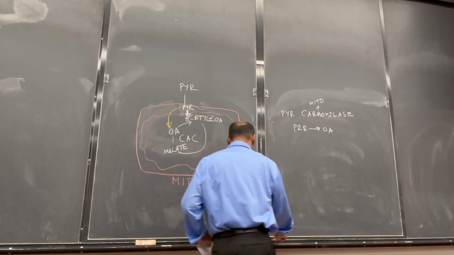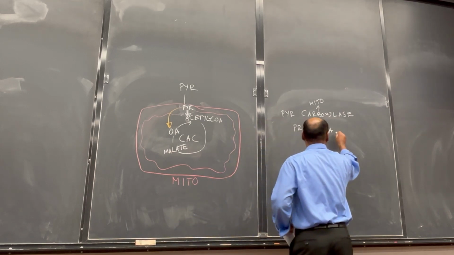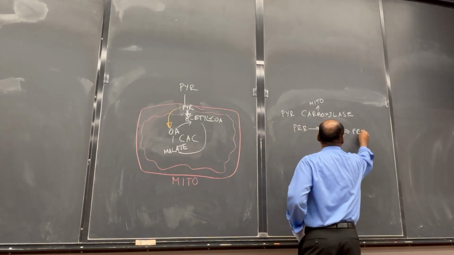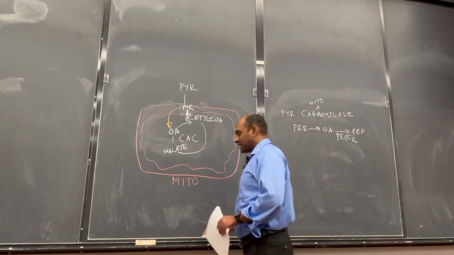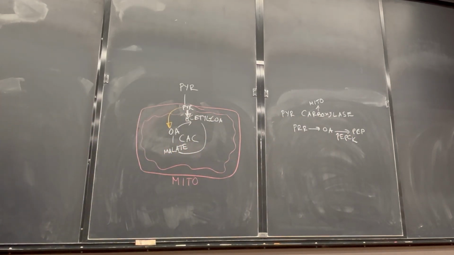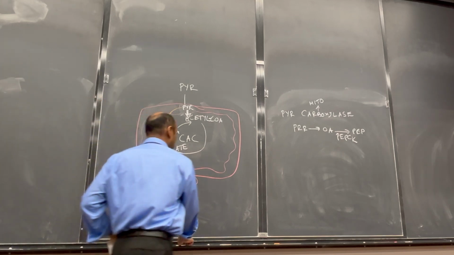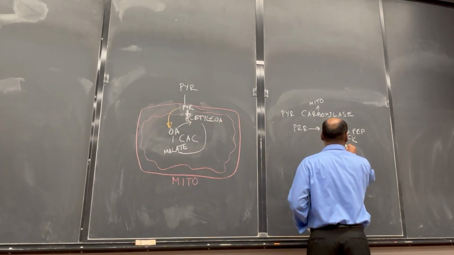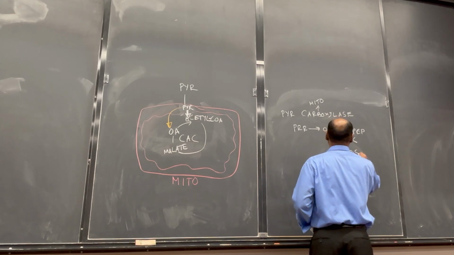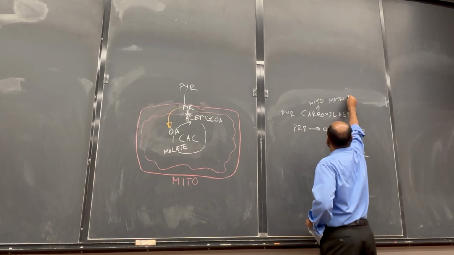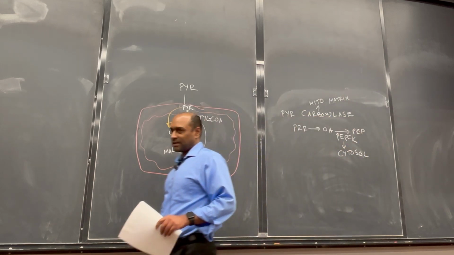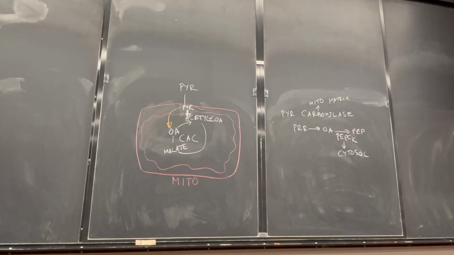So here from OA we made PEP, remember? OA went to PEP and the enzyme was PEPCK or PEP carboxykinase. But this happens in the cytosol. So two different steps are happening in two different places. The first one is in the matrix, the other one is in the cyto.